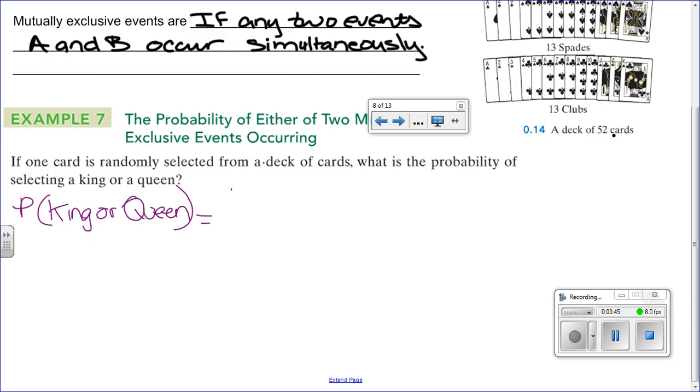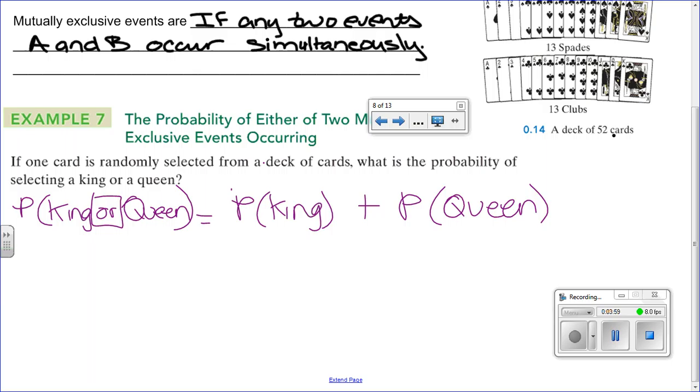And so we have the word or. So what needs to be done is calculate the probability of getting a king plus the probability of getting a queen. And remember, these two events are mutually exclusive.